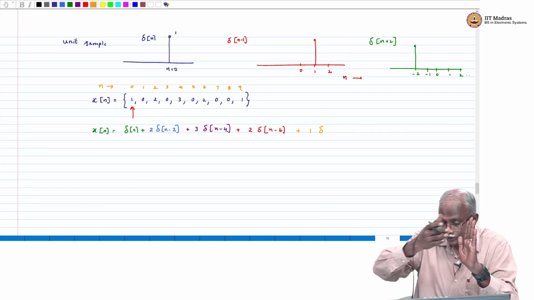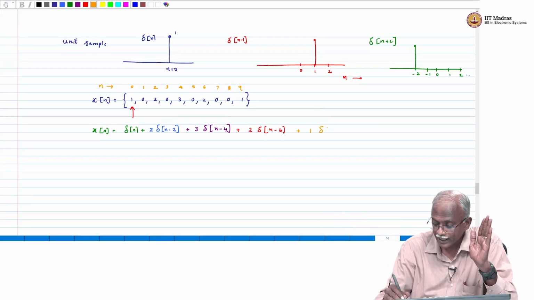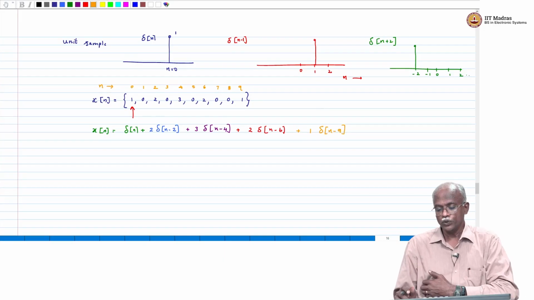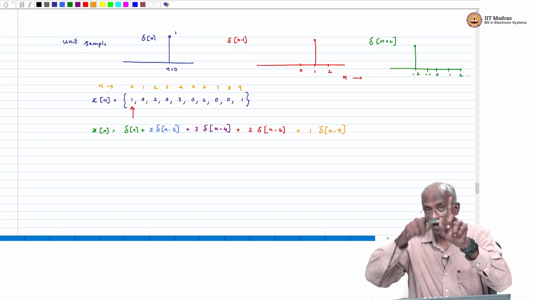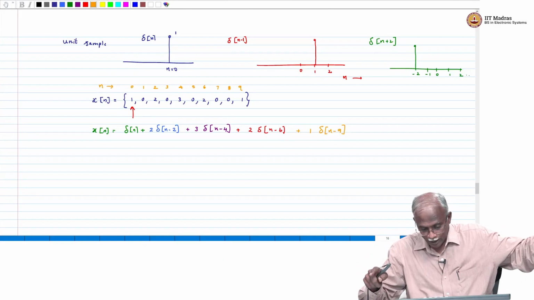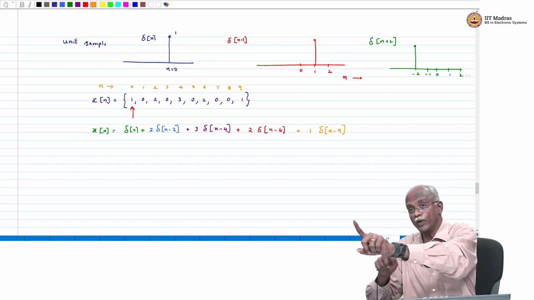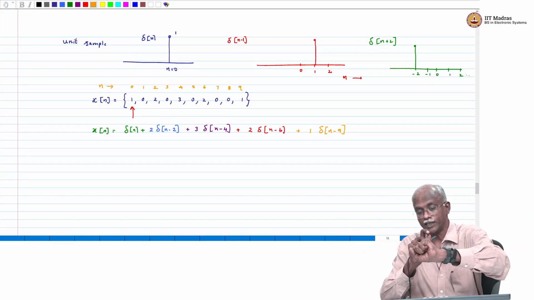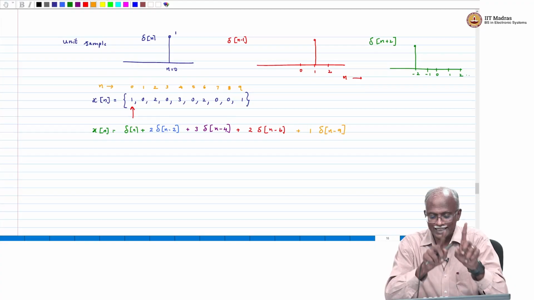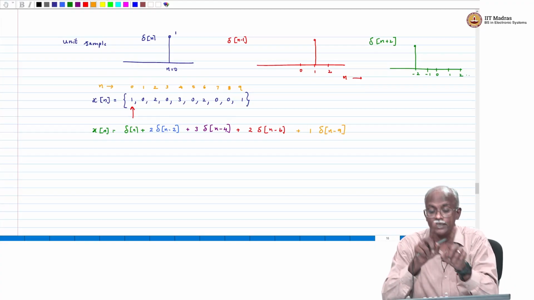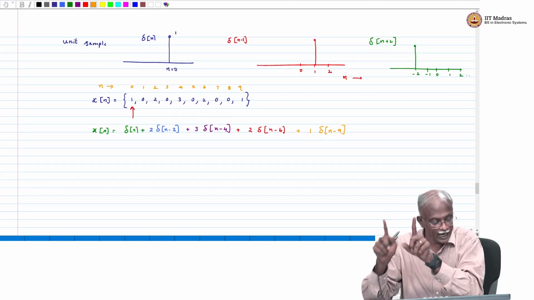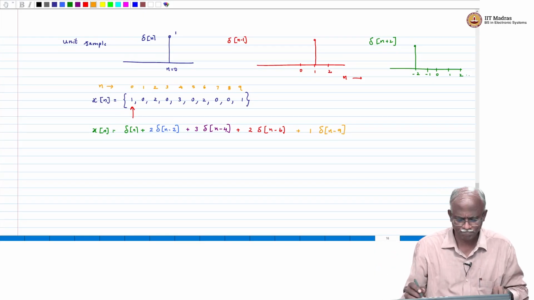That means that the unit sample function has to be delayed by 9 units of time, n minus 9. So you can represent it by means of a sketch, you can represent it by means of a sequence and point to where the 0 is occurring, or you can write it in terms of the scaled and delayed delta function.